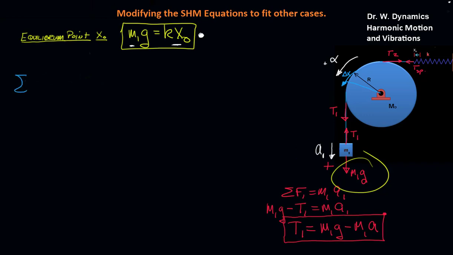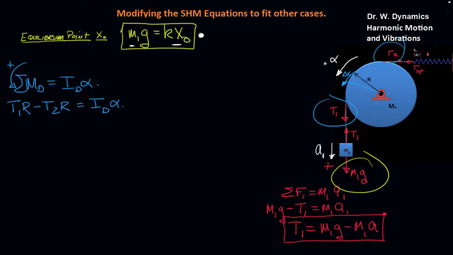So the sum of the moments about the drum will be I drum alpha. We're going to define positive as this direction. So we have T1 R minus T2 R is equal to I drum alpha, addressing the two tension forces.